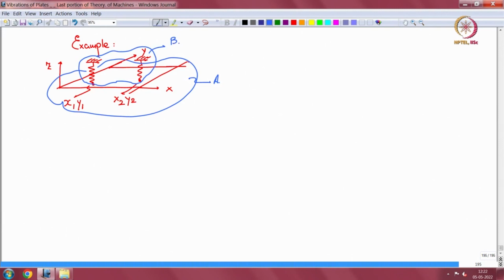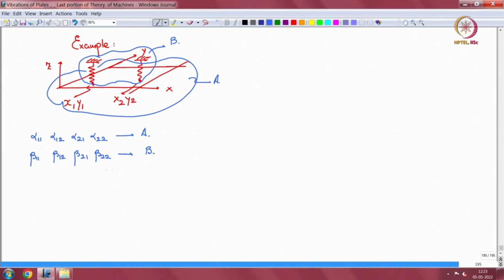Okay. So now we have to find alpha 11, alpha 12, alpha 21, alpha 22 for system A, then beta 11, beta 12, beta 21, beta 22 for system B. Okay.